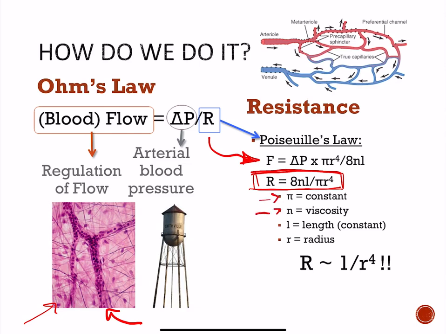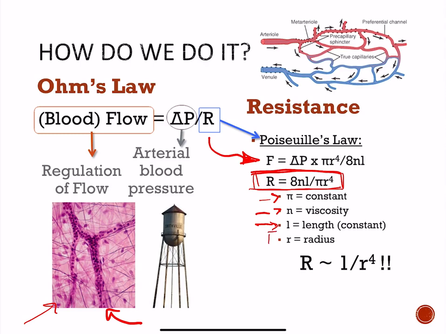N is the viscosity of the blood, and viscosity of the blood would change flow. That isn't normally something that we change acutely during exercise, so we can almost think of viscosity as staying constant. L is the length of the tube. The length of our blood vessel doesn't change acutely when we need more blood flow.